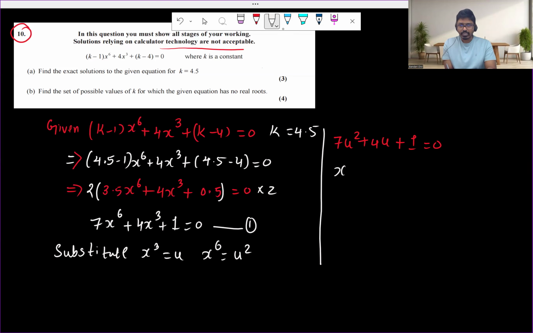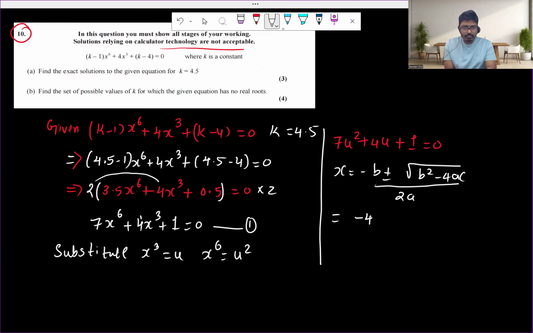The formula is x equals minus b plus or minus square root of b squared minus 4ac over 2a. What is our b value? It is going to be 4... oh my bad, here it is going to be 8.